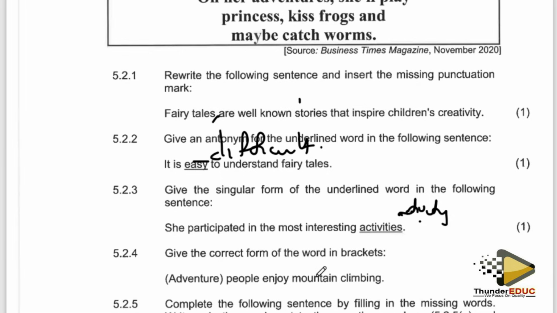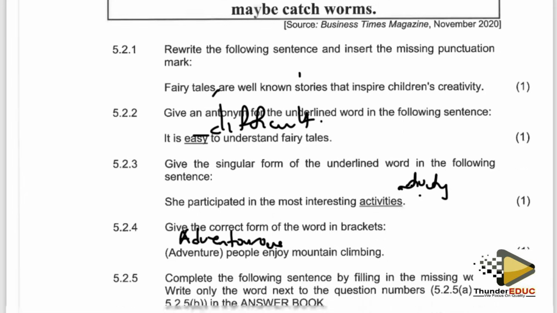Give the correct form of the words in brackets. Adventure, people enjoy, mountain climbing. All right, that is the wrong form, so we must change it. It's supposed to be adventurous people. Adventurous people enjoy mountain climbing.